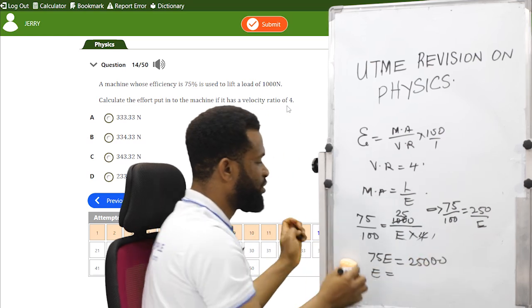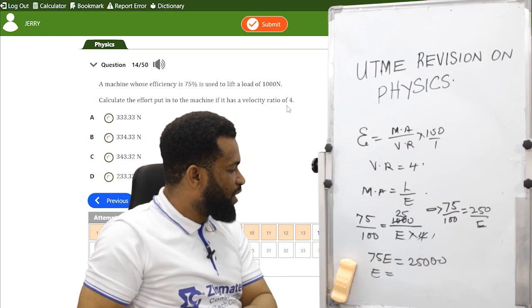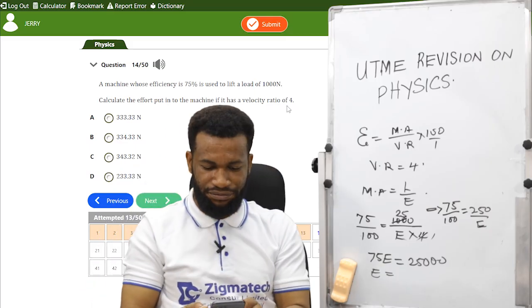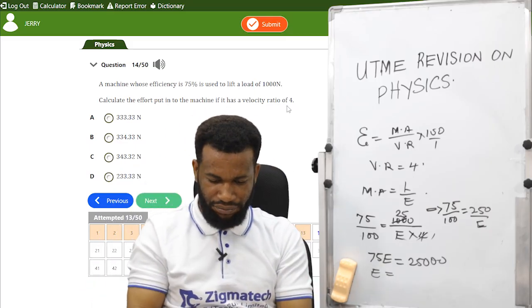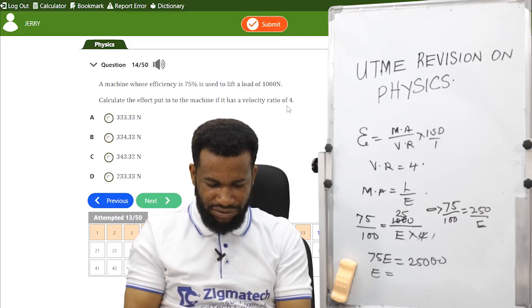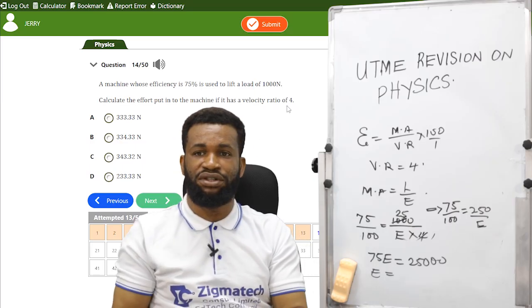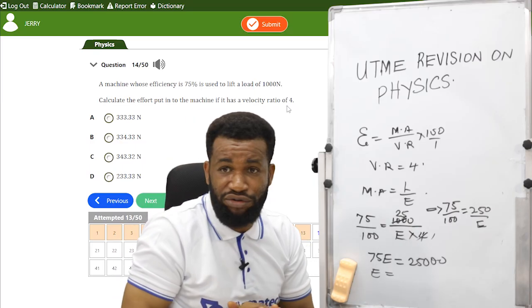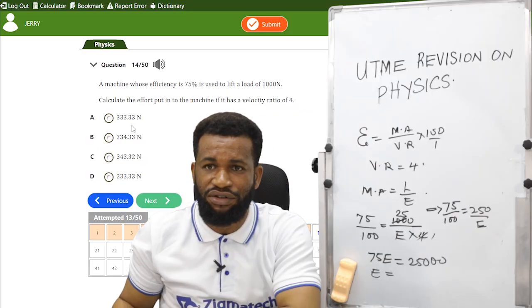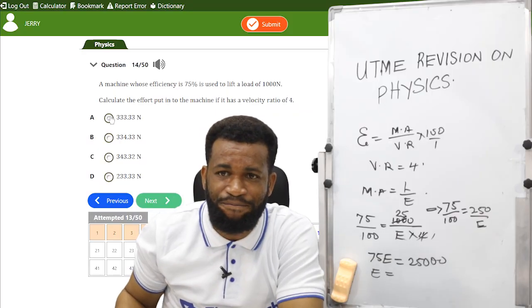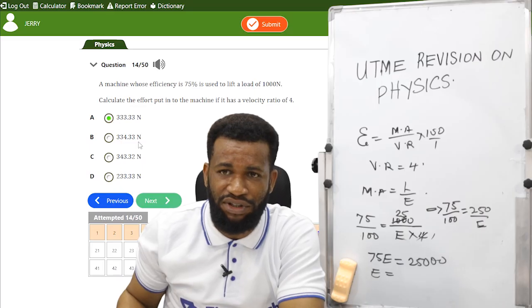So effort is going to be 25,000 divided by 75. So I have 33.3, and that is going to be in Newton. So it's going to be 33.3, and that is option A.